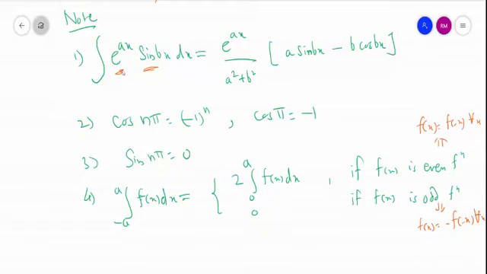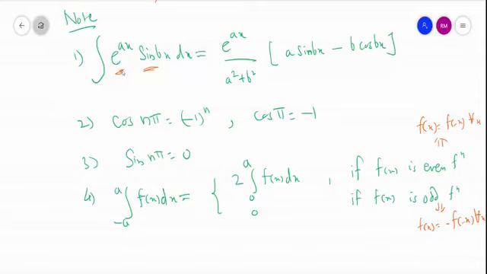Its integration is given by e raised to ax divided by a square plus b square, in square brackets, a sin bx minus b cos bx. This formula we have to always remember, because when such a situation arises where we have to find the integration of the product of an exponential function with sine, we have to use this result.